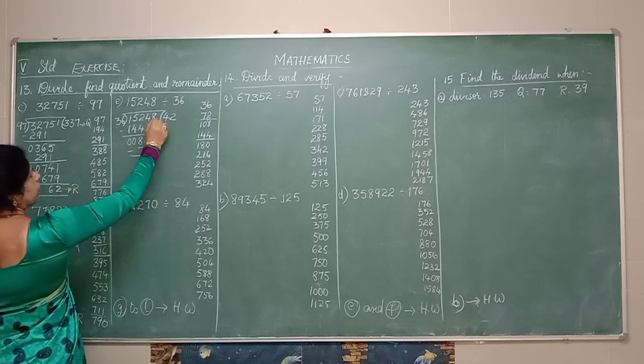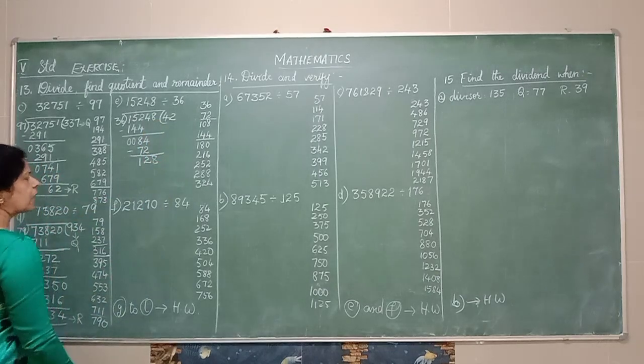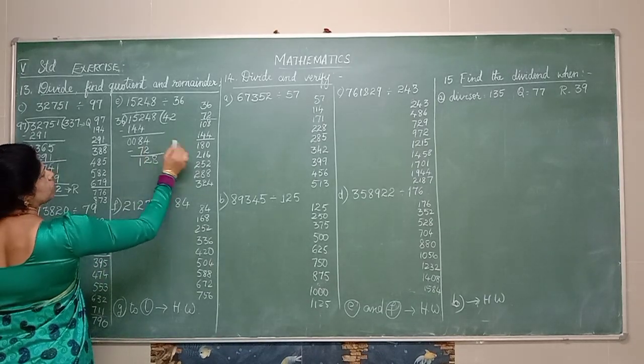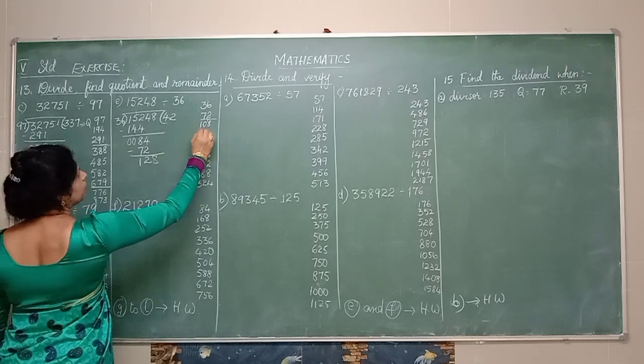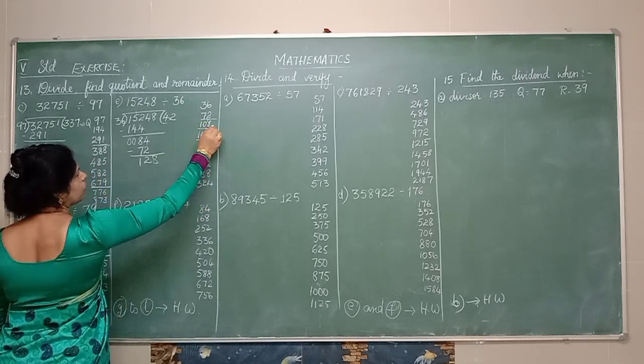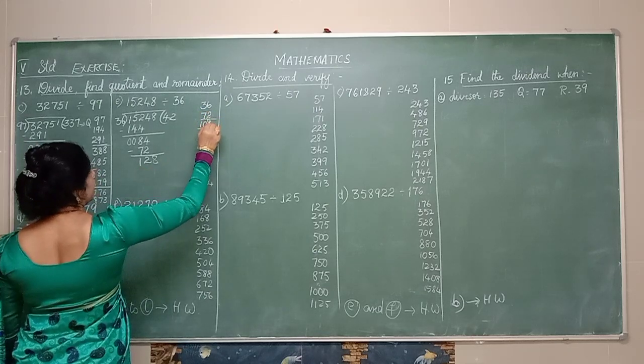Now what you have to do? You have to bring this 8 down. So it is 128. 36 into how many times 128? You see where does 128 come? It comes between 108 and 144. So 1, 2, 3, isn't it?